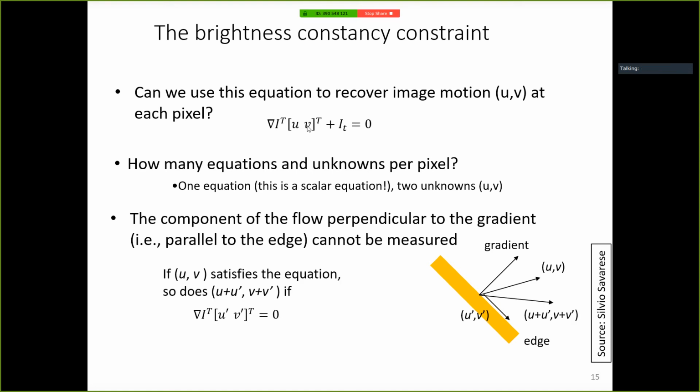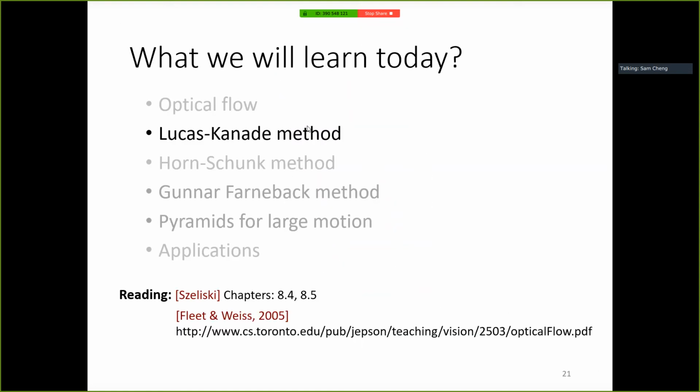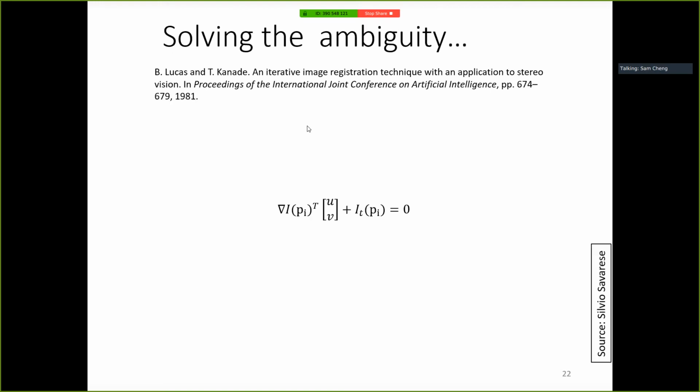So then immediately, I guess I can skip this. Immediately, the first simple solution will be the so-called Lucas-Kanade solution or method. I want to solve this one, but I don't have enough equations for that, right?